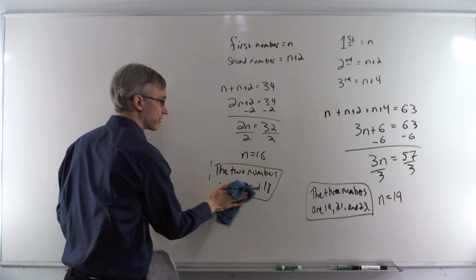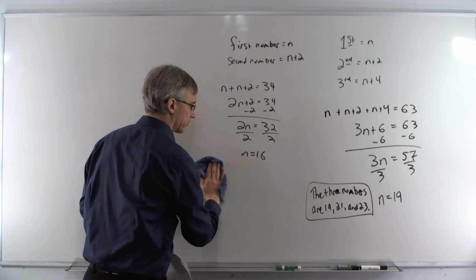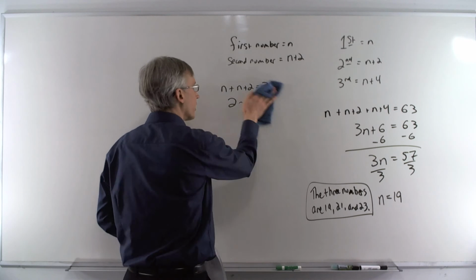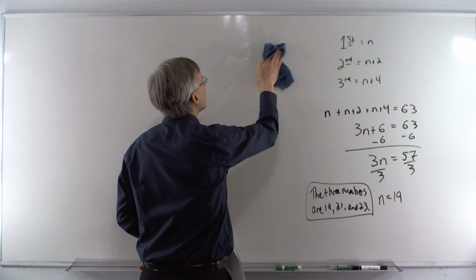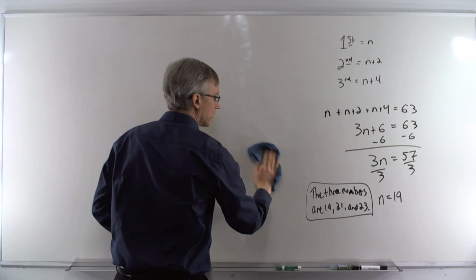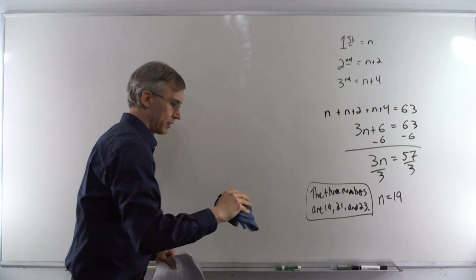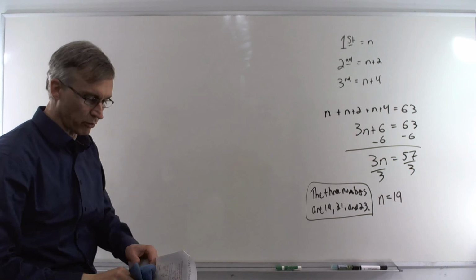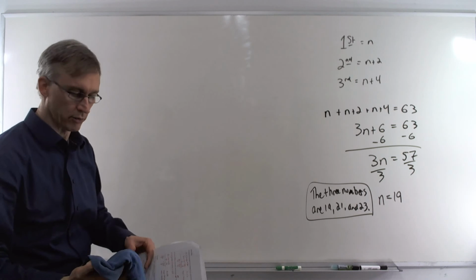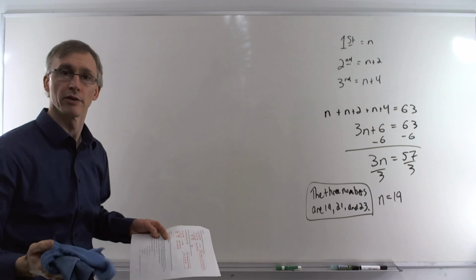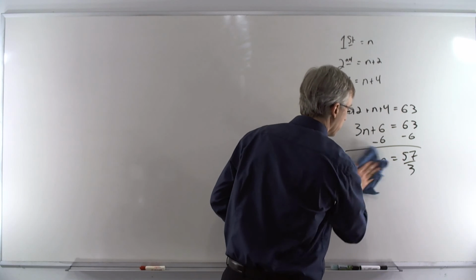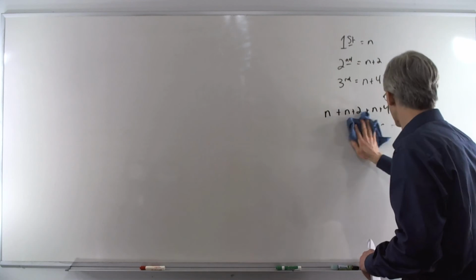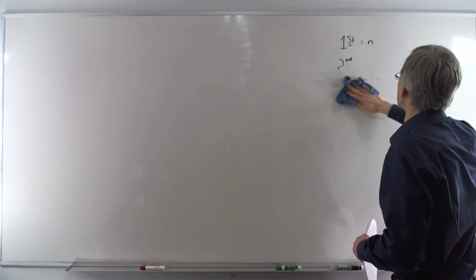So in this case, we have to define 2 different variables to start. Really no way around it. And then since we can only have one unknown in our final equation, we're going to have to eliminate one of those variables along the way. And we're going to eliminate it through substitution. So we'll see how that works out.